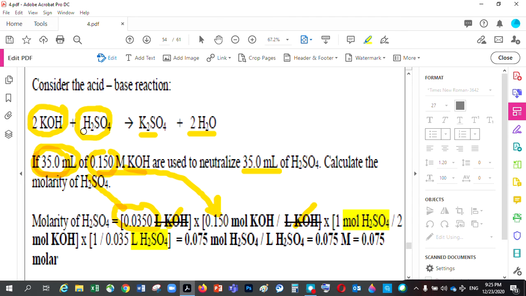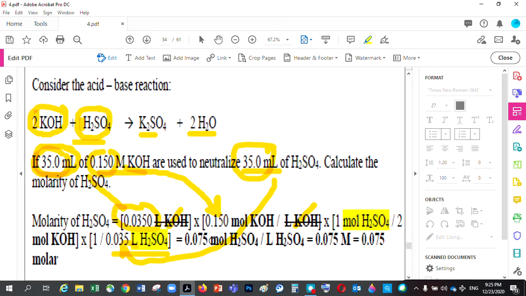I go for the ratio. I have 1 mole of sulfuric acid to 2 moles of KOH. Then I have to divide the whole thing by the volume of the sulfuric acid, which is here in liters.